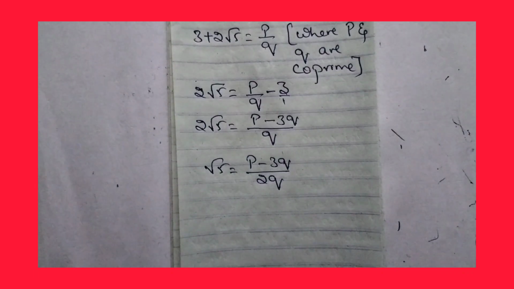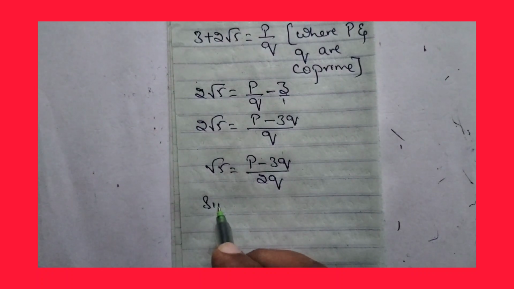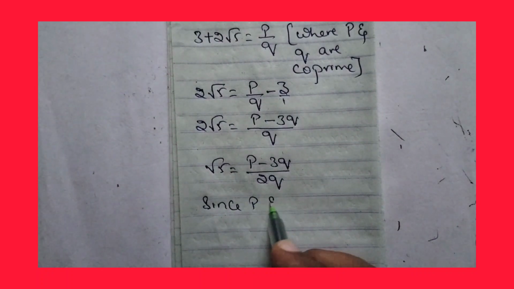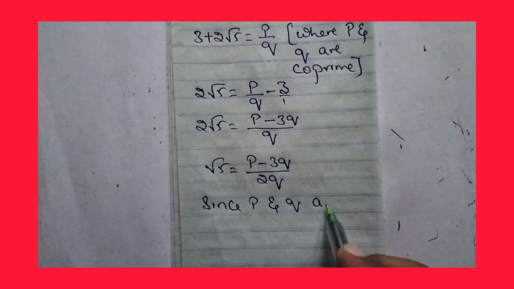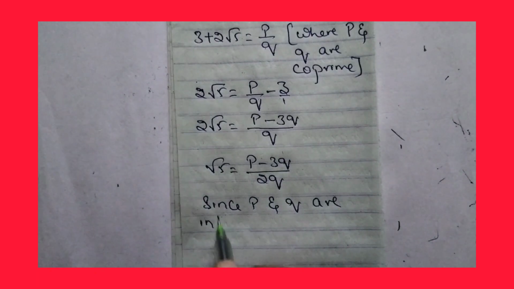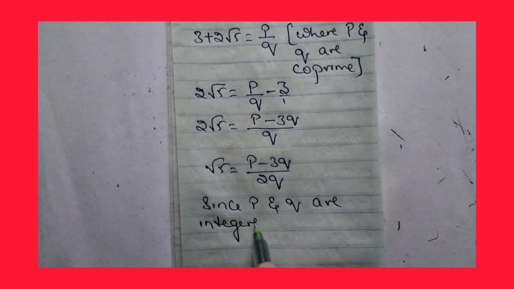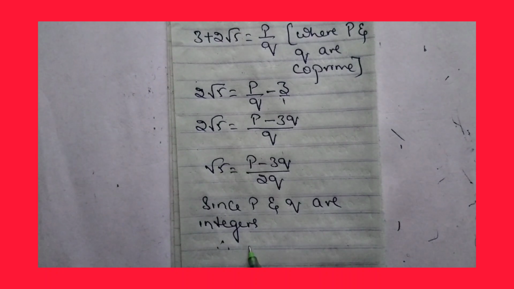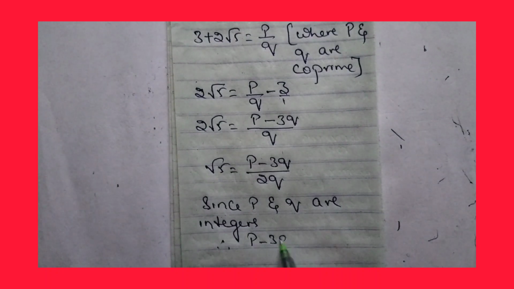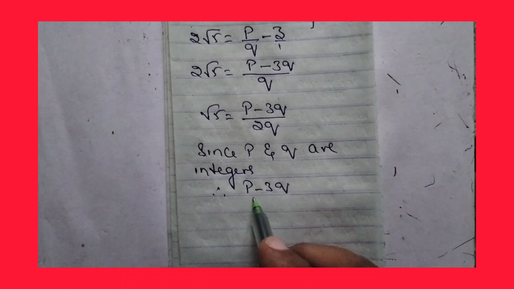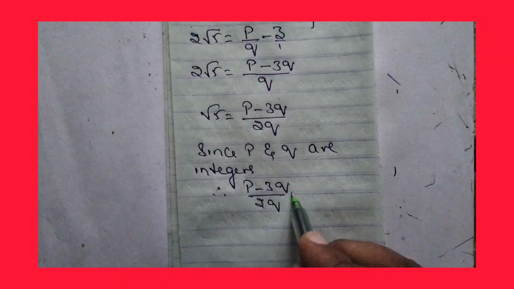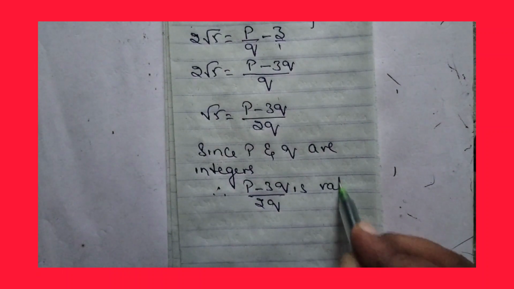So now here, since p and q are integers, therefore p minus 3q divided by 2q is rational.